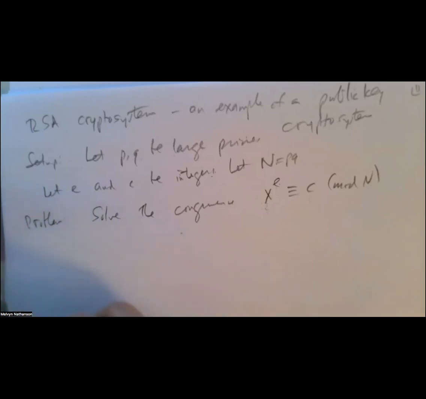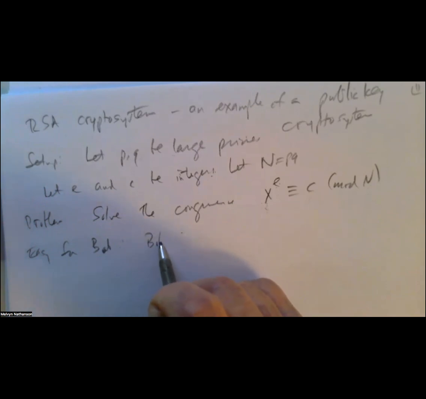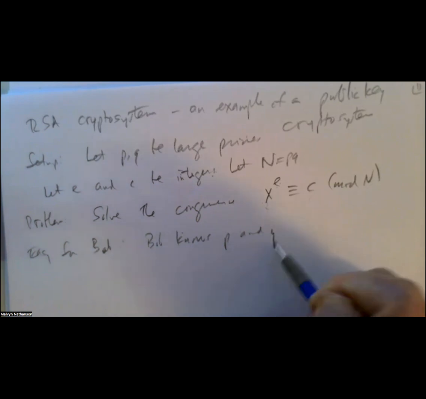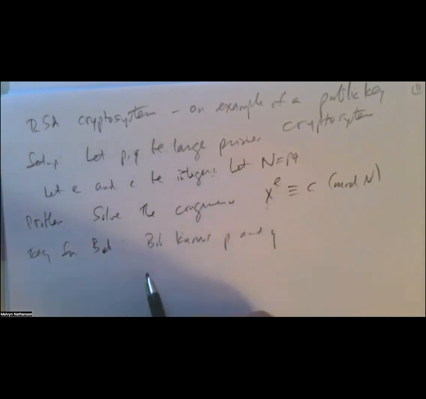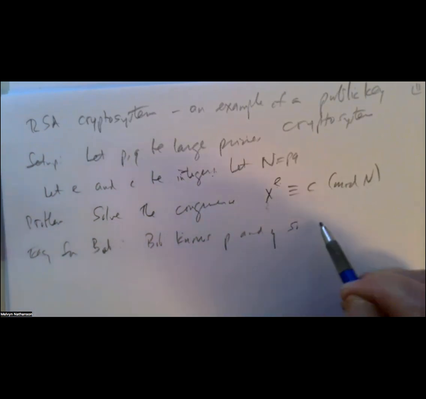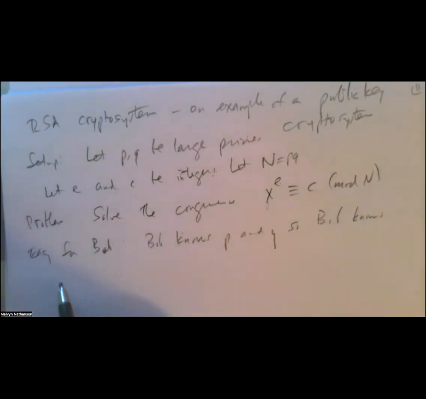Now, this is easy for Bob. Bob knows P and Q. So Bob knows how to subtract. He knows P minus 1 and Q minus 1.